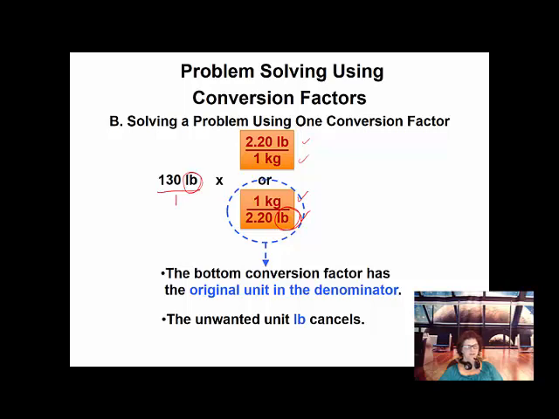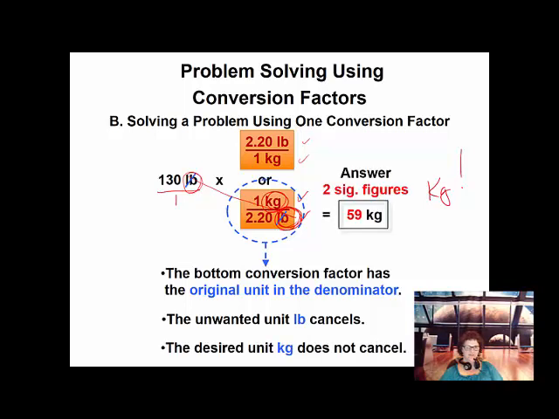Because I don't want pounds in my answer, what do I want? Kilograms. So it makes sense, not only am I going to use pounds on the bottom to cancel these out, but I'm also going to have kilograms on top, because that's the answer I want. So once I cancel those out, I have kilograms. And since I've got two significant figures, that 0 is not significant, is it?